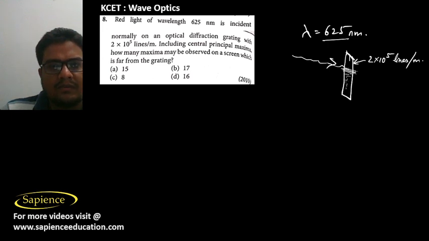The red light of this wavelength is incident on the diffraction grating. Including the central principal maxima, how many maxima will be observed on the screen which is far from the grating?